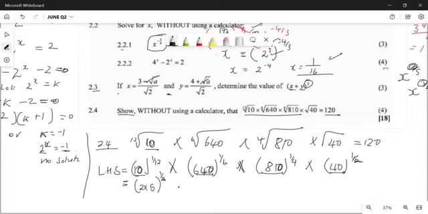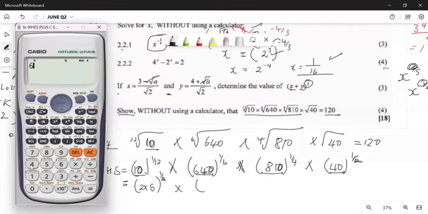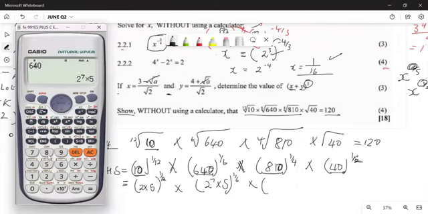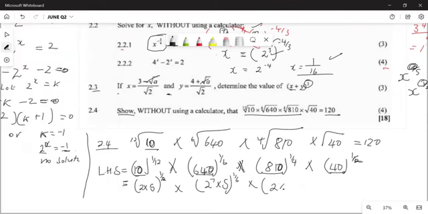Okay, if you change 640: it's 2 to the power of 7 multiplied by 5, to the power of 1 over 6. Change 810, what do you get? 2 times 3 to the power of 4 times 5, all to the power of 1 over 4.